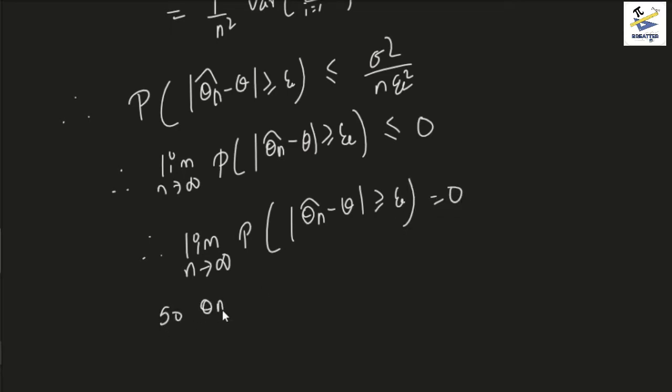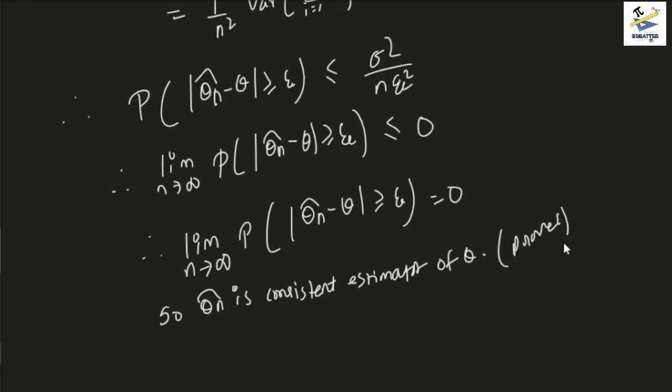So theta n is a consistent estimator of theta, and this is proved.